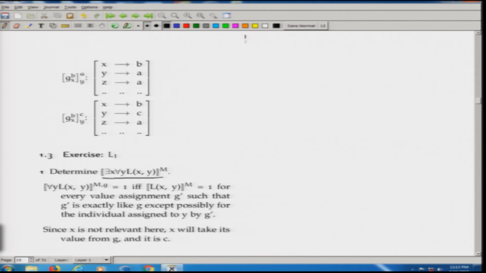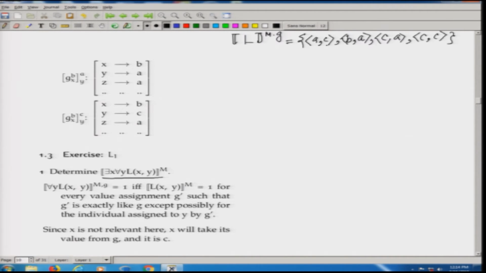Well, the value of L with respect to M and G is AC, BA, CA and CC. So if we try to interpret L as likes, then it means that A likes C, B likes A, C likes A and C likes C, and nobody likes anybody else in this model. That is what it is trying to say.